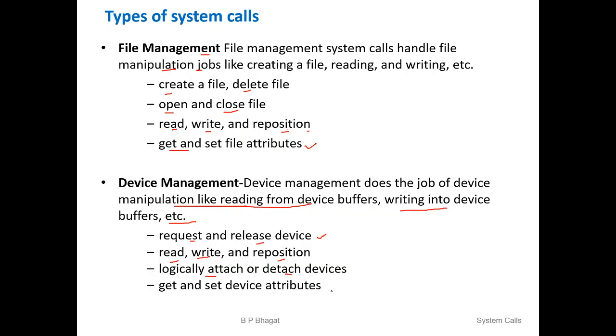And finally, the get and set device attributes. These are the same as the file management attributes, in which we have specifically the device names and certain information related to the account.